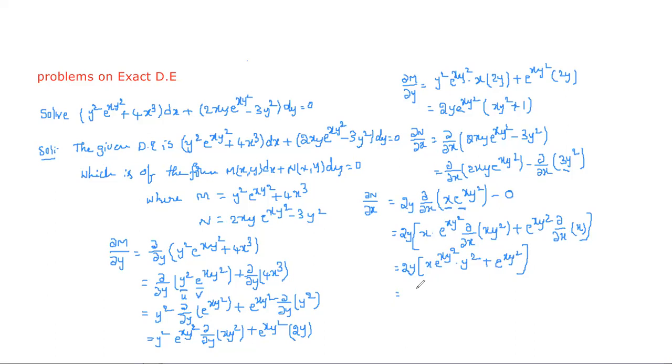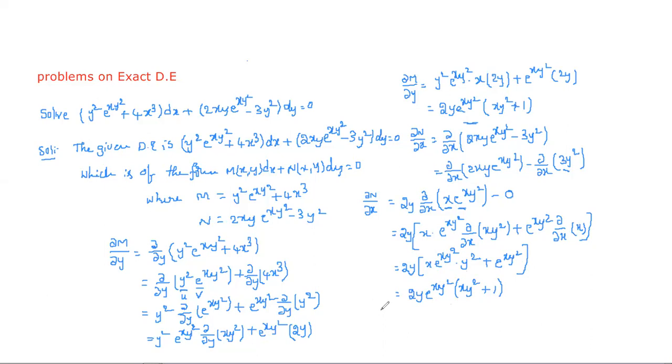So which one is the common in these two terms? 2y into e power xy square is the common one. If you take that one as common, what about the remaining one? xy square plus 1. So completed to find dou n by dou x. If you see here, dou n by dou x is equal to what we got: 2y e power xy square into xy square plus 1.